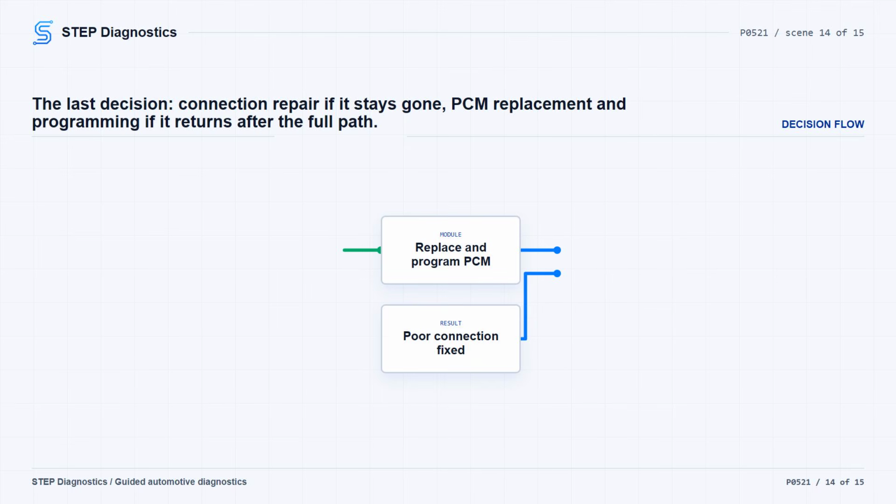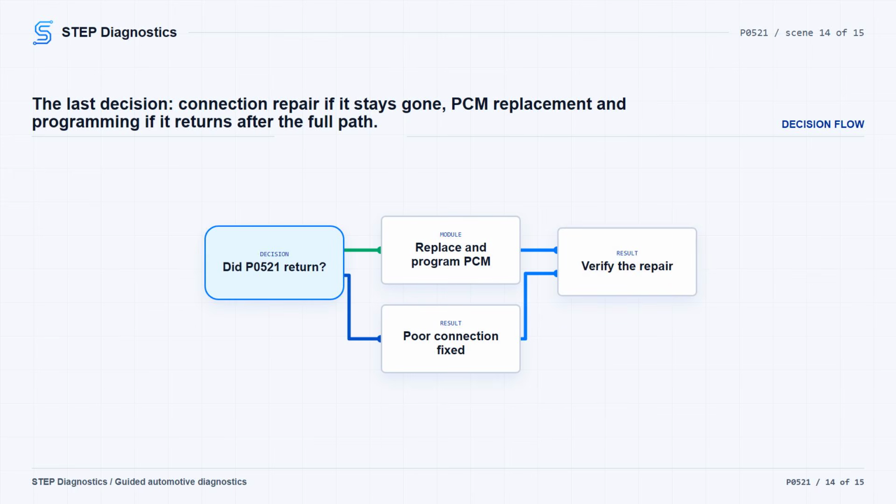If P0521 returns after the oil checks, circuit tests, sensor replacement and connector checks have all been completed in order, the diagnostic path supports replacing and programming the PCM. Either way, keep verification separate from the testing. Clear the codes, operate the vehicle under the required conditions, and confirm the code stays gone.